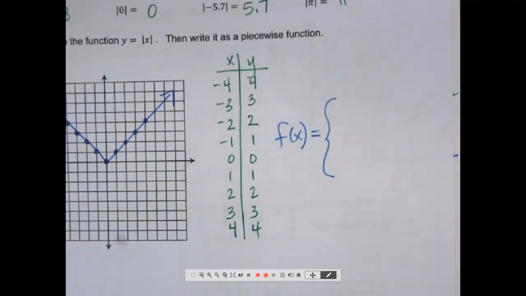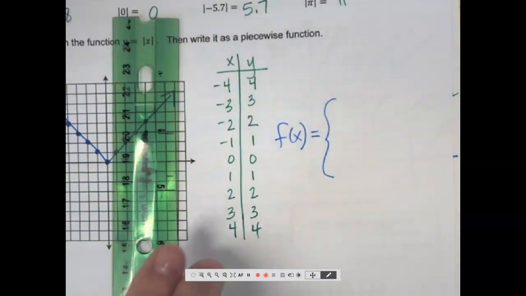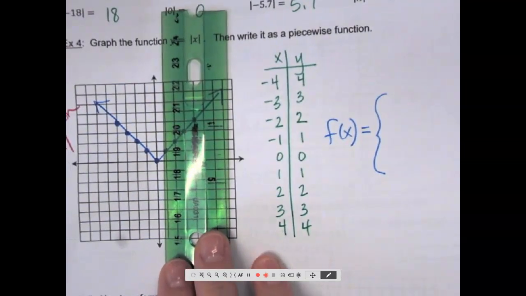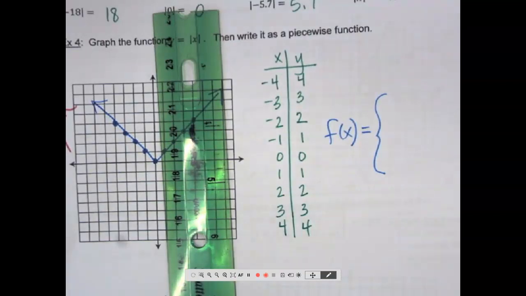Two. All right, so let's pretend, let's totally ignore this right-hand side. It doesn't exist. If you extend that left side and make it a full line, could you write the equation of that line for me? You would need to know the y-intercept and the slope, right?